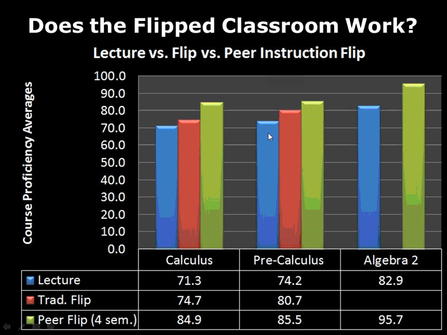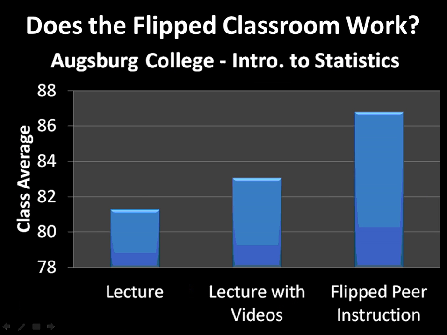And going from the lecture up to peer instruction, my results are up by 11.3%. I've had some classes which have been up by almost 12.4%. And then for my Algebra 2, looking at lecture compared to the peer instruction, it's up by 12.8%, and my best results have been up by more than 15%.